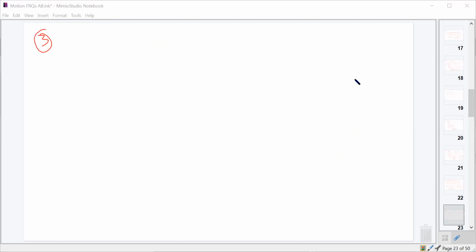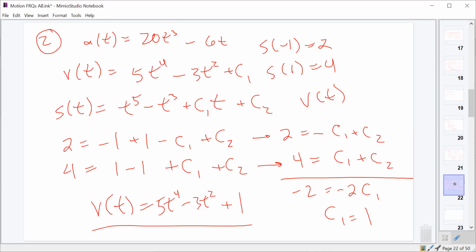Next one was number 3. Number 3 says given a of t, given all the stuff from question 2, find s of 0. If we need to find s of 0, we're going to need to find constant 2 also. So if constant 1 is 1, constant 2 should then be 3, just based on this equation right here.